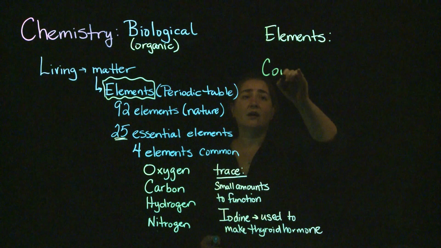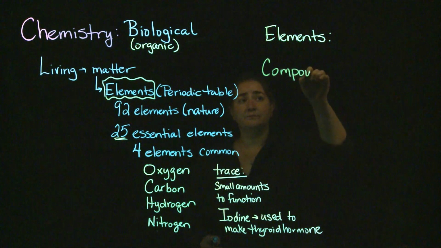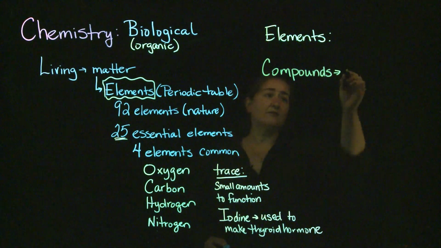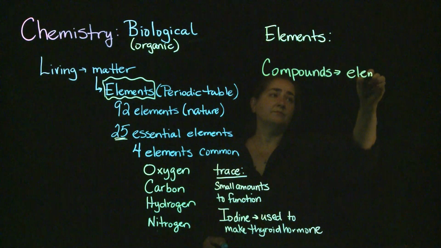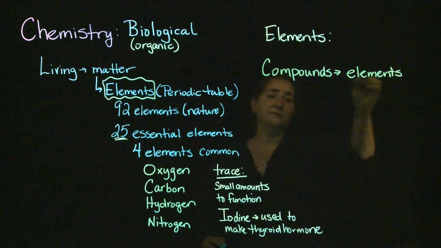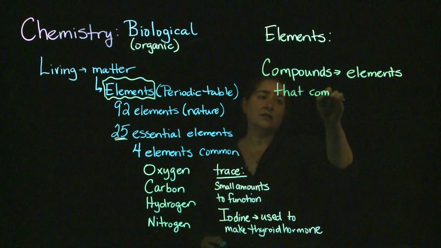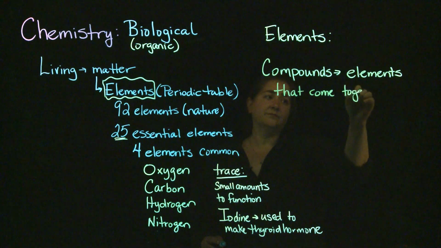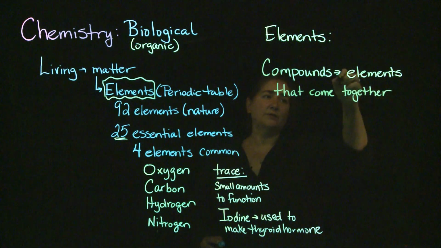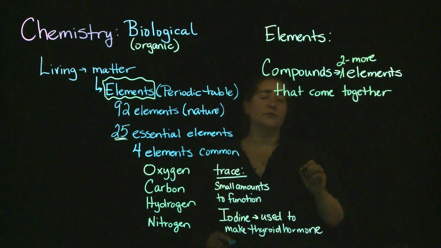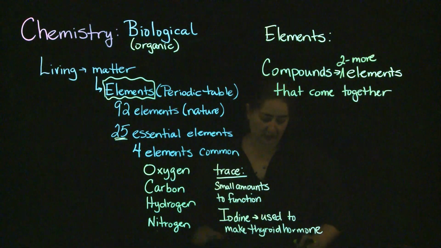We've also got compounds, okay? Compounds are elements that come together. And I should put this really, typically you've got two, you may have more elements that come together, okay?